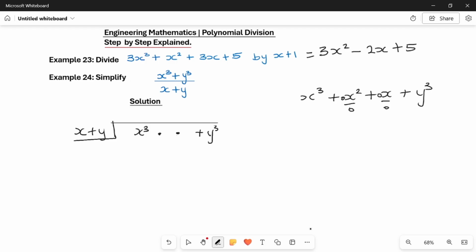X cubed divided by x will give us what? X squared. Then x squared times x plus y. X squared times x plus y will give us x cubed plus x squared y. In case you don't know how to do this multiplication, you can check out our previous videos.